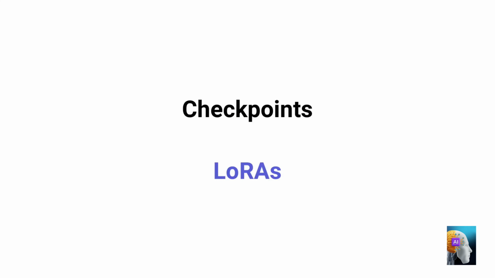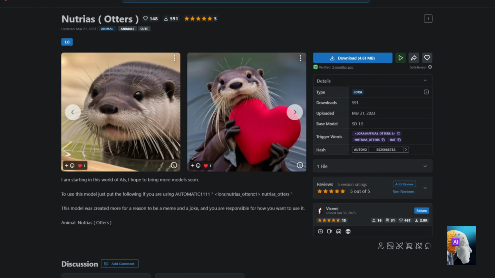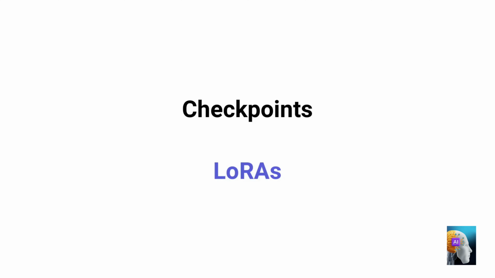The next term is LoRA. So a LoRA is a smaller file that you can use to slightly modify a checkpoint. For example, let's say you want to add Donald Trump's face to an image. You can use this LoRA for that. Or let's say you want to add an otter to your photo. You can use this LoRA. Your checkpoint wasn't originally trained with Donald Trump's face or with an otter.